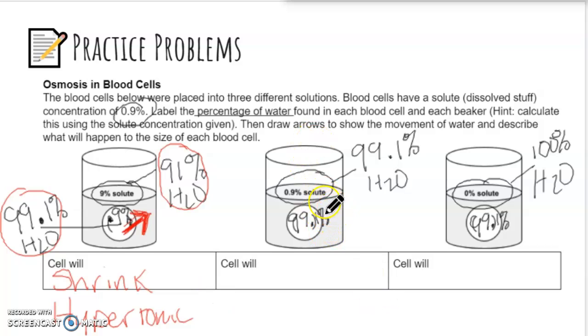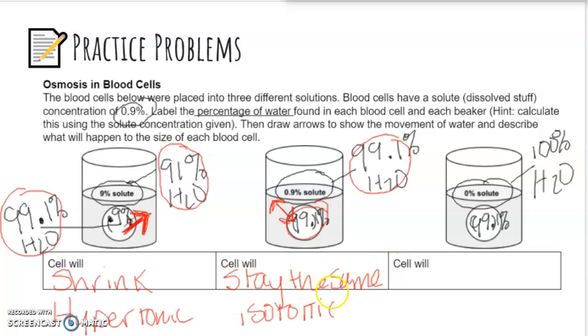Let's move on to our middle one. We've got 99.1% and 99.1%. Well, there's not much happening there, right? So again, either the water is moving at an equal rate in and out of the cell, or it's not moving at all because there's no concentration gradient. So it's going to stay the same. And we have our isotonic solution. There you go, isotonic.